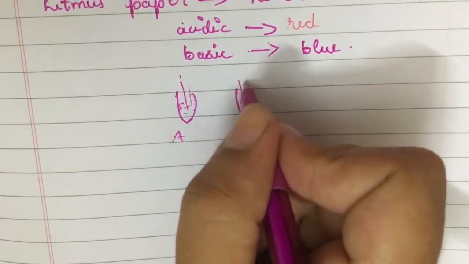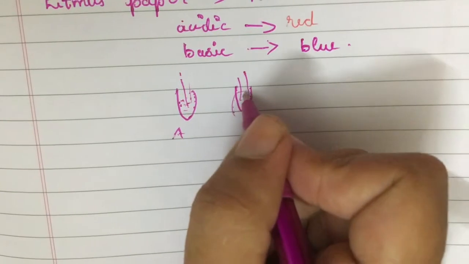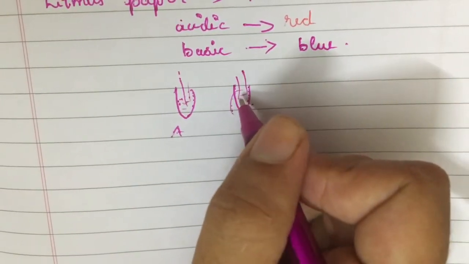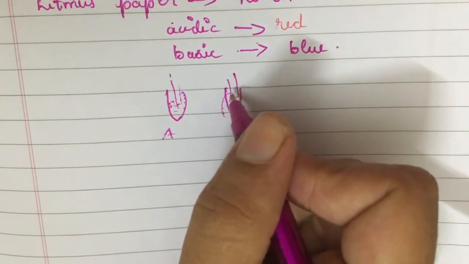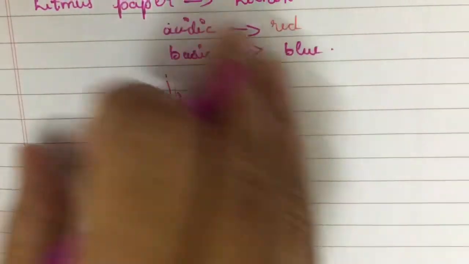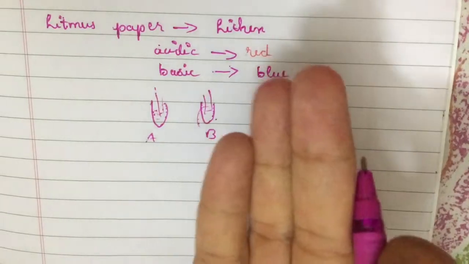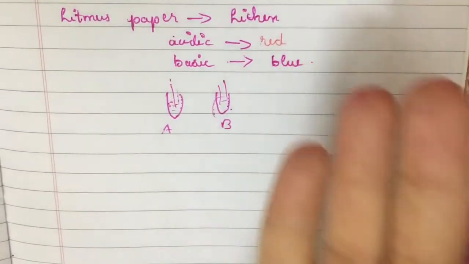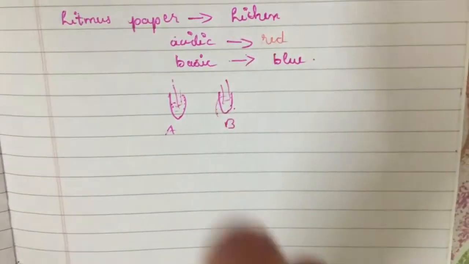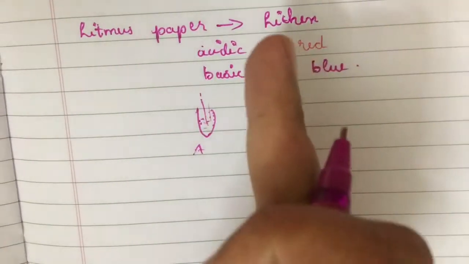And when this litmus paper is dipped in the basic solution, it will impart blue color. By using litmus paper, which is one of the common examples of an indicator, we can differentiate between the acid as well as the base.